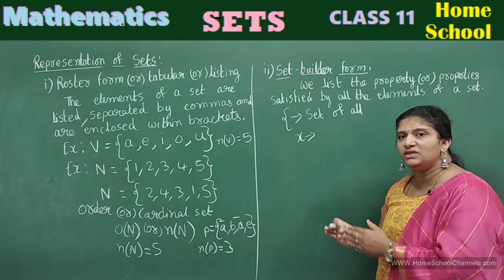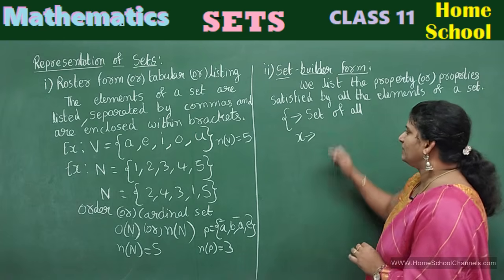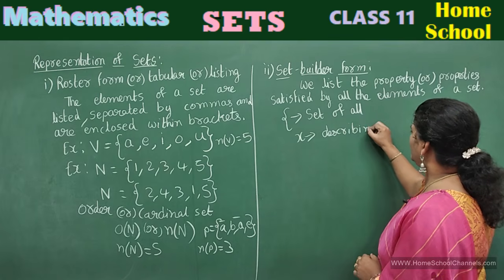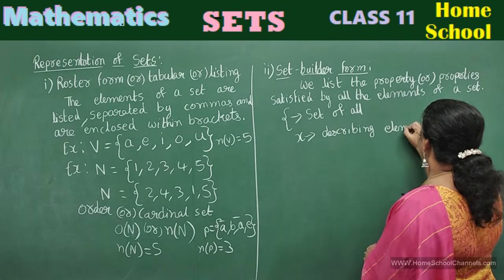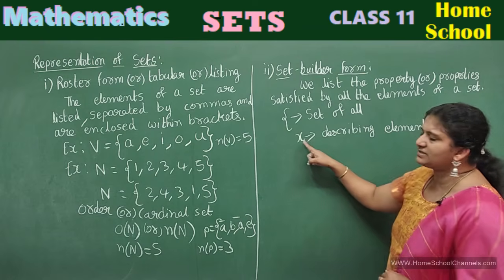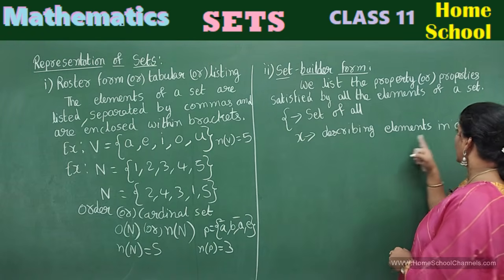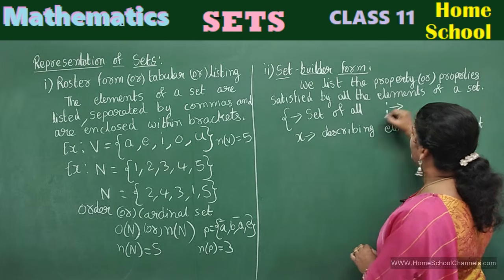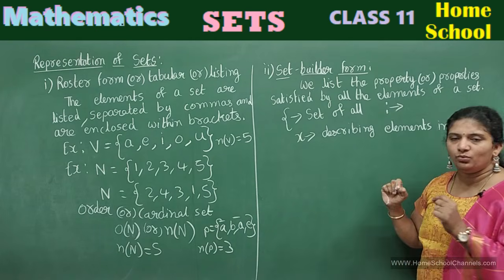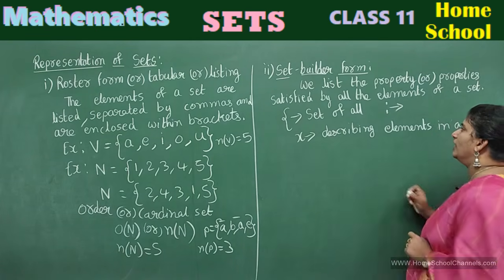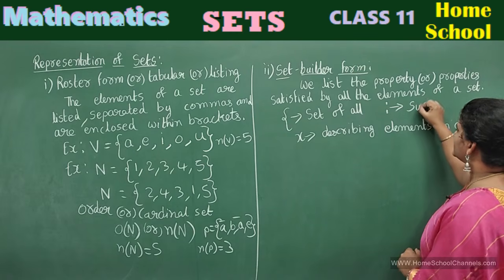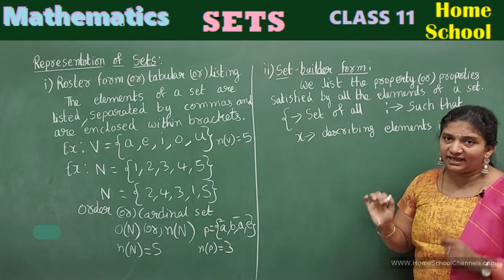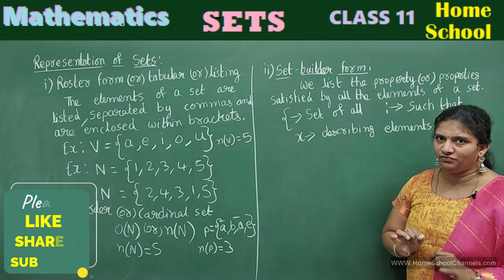You can write: describing elements present in a set. x is a letter used to describe the elements in a set. And here, colon. After writing the variable, you need to put a colon. Colon indicates such that. We are going to explain the property in the set builder form.